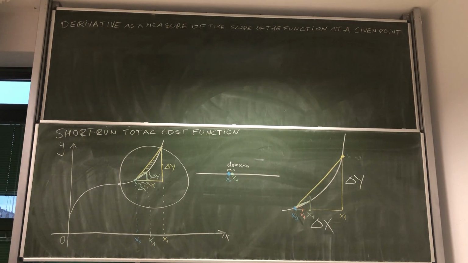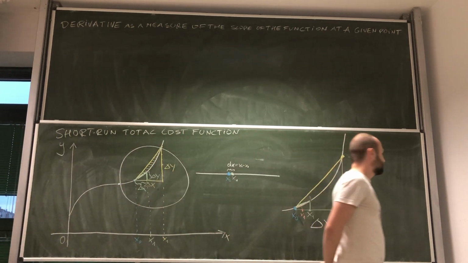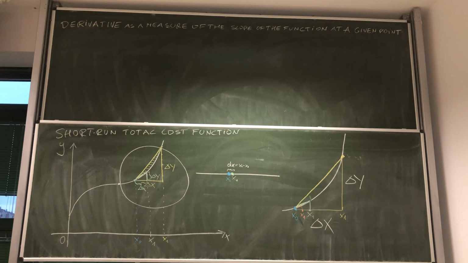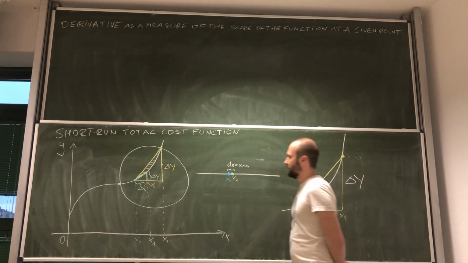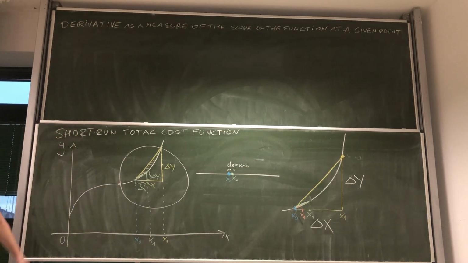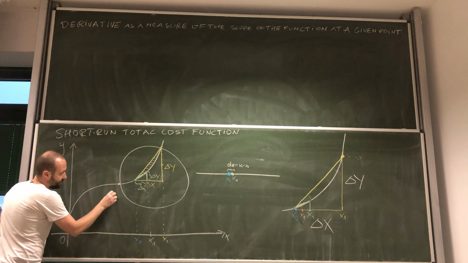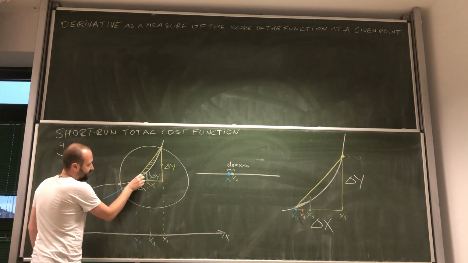Well, look, as it turns out, it's not such a hard task to do. Because look, if I want to know what would be the angle of this curve at one particular point, what should I do? I should simply draw a straight line.